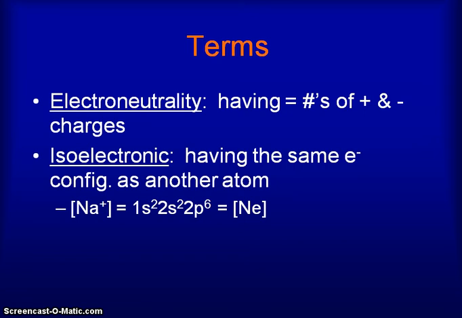So for instance, the sodium ion that I was just talking about, when it becomes that sodium ion and loses its 3s1 electron, it now becomes isoelectronic with neon. So this is neon's normal electron configuration, and once sodium starts changing its numbers of electrons, it will be isoelectronic with the neutral neon atom.